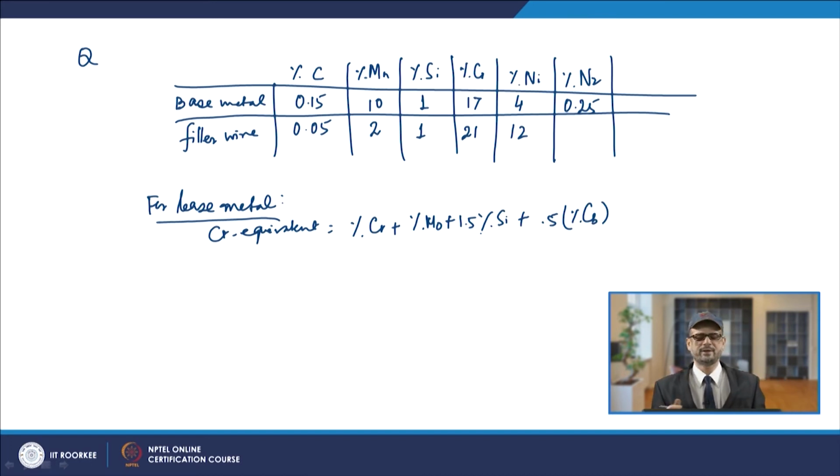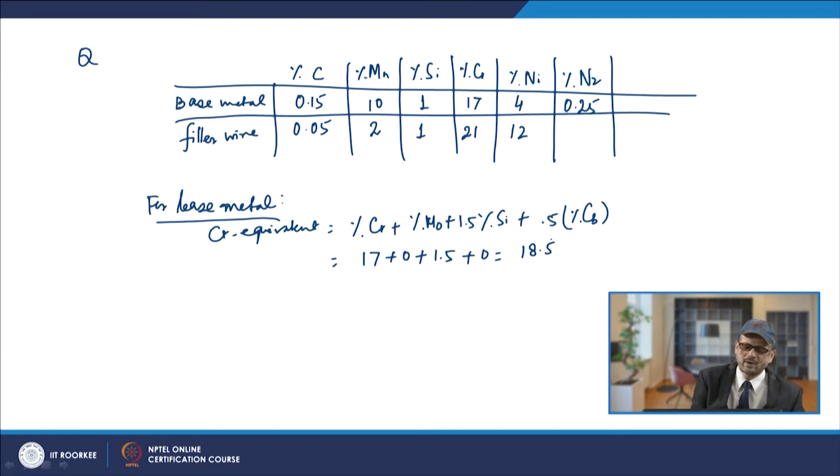So, percentage chromium is 17, percentage molybdenum is not there. Then you have 1.5 percentage silicon, so it will be 1.5, and columbium again is not there. So, you will have 17 plus 1.5, that is 18.5.